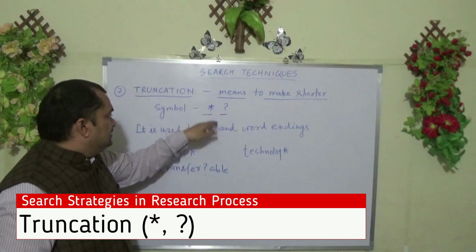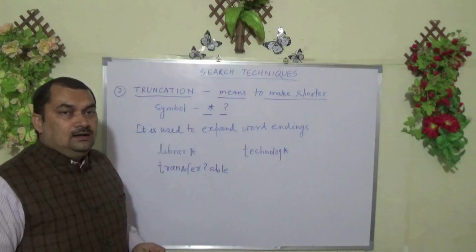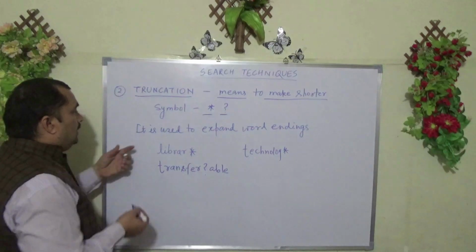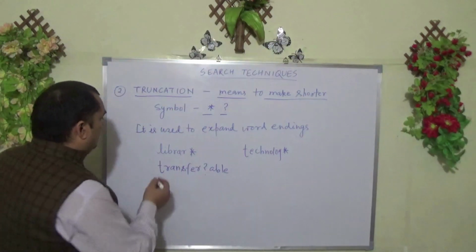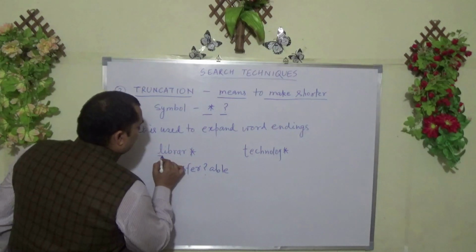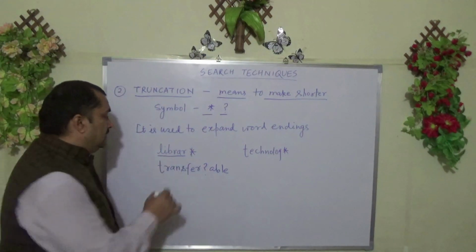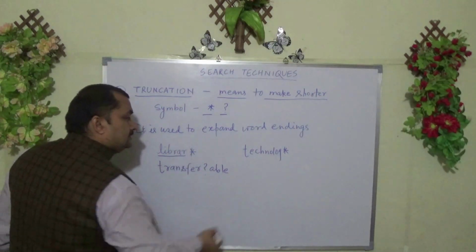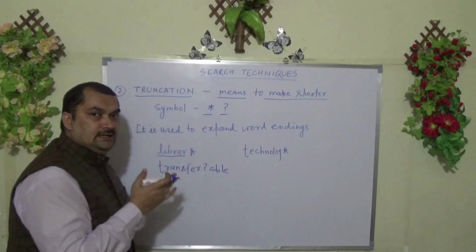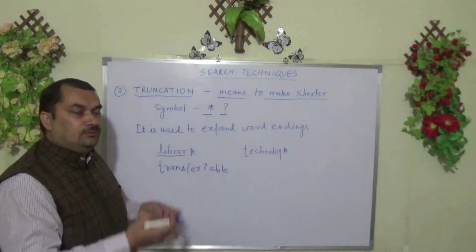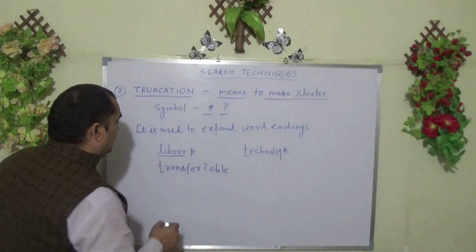Generally it is the star sign, or you can say asterisk, and the question mark, and we use it to expand our word endings. For example, I have to search, so I will write only LIBRAR, and I will not write the last part, because I just want it to predict automatically. So I will put the star mark or asterisk mark.